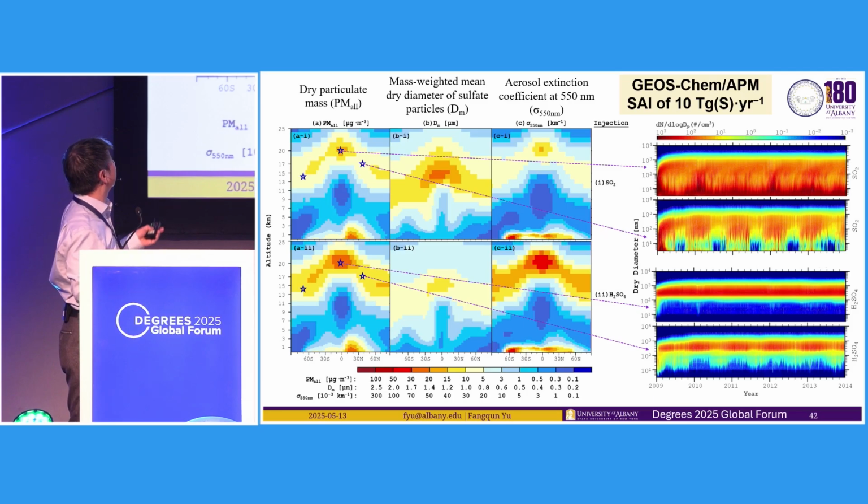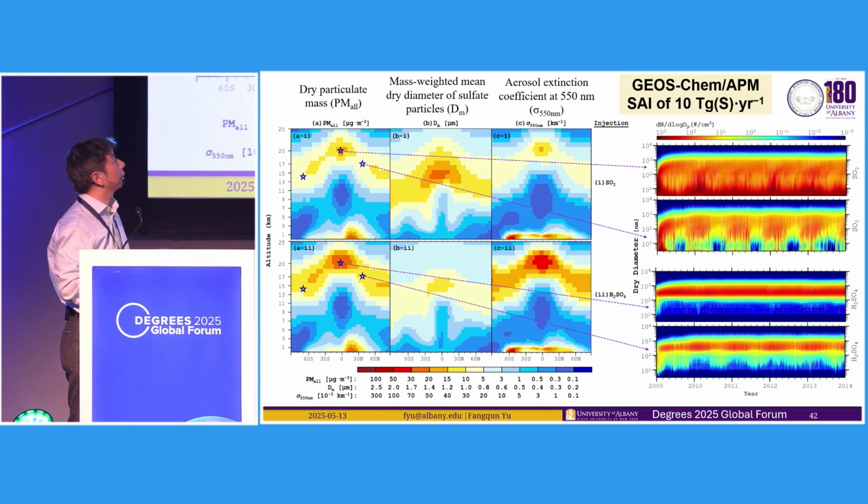And that shows up in the particle mass. We use the same 10 teragrams of sulfur per year injection rate, and you'll see the burden of sulfur is different. You get higher concentrations with sulfuric acid because the particles are small and their deposition rate is slower. You'll see the size is also different.